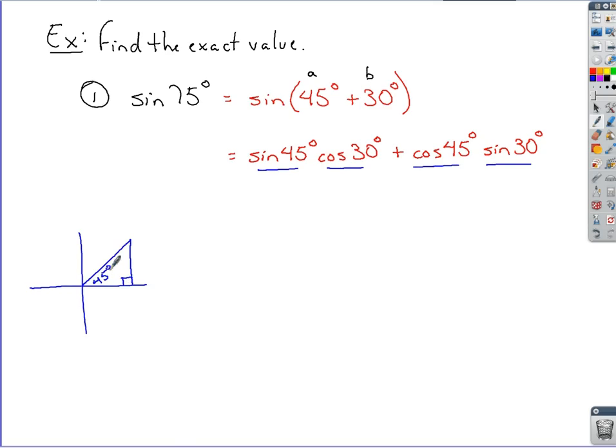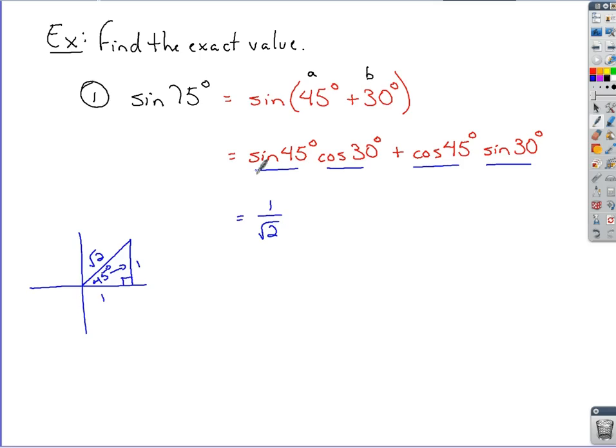I know this is going to be in the first quadrant, obviously. I set up my sides for a 45 right triangle. And then I ask myself, okay, how do I find the sine of 45 degrees based off of that? Well, sine is opposite over hypotenuse, right? So opposite 45 is 1, hypotenuse is root 2. 1 over root 2 is the sine of 45 degrees.